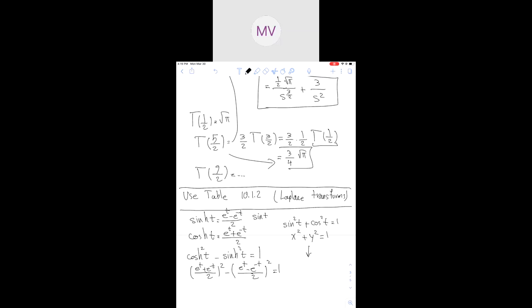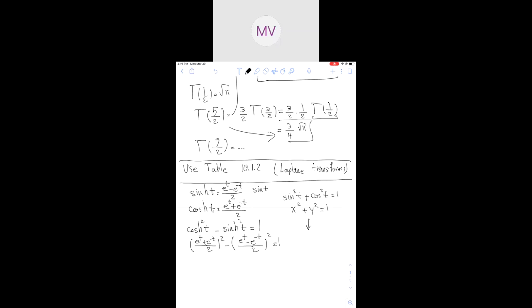Foil, cancel, combine like terms, and you see it's 1. It's a very simple process. Now, if you let cosine be x, what equation are we going to get? And y, sine h of t, let it be y. The equation we're going to get: x squared minus y squared equals 1.